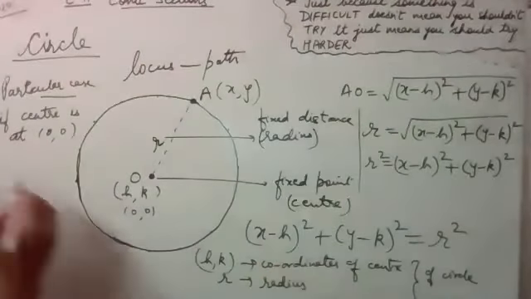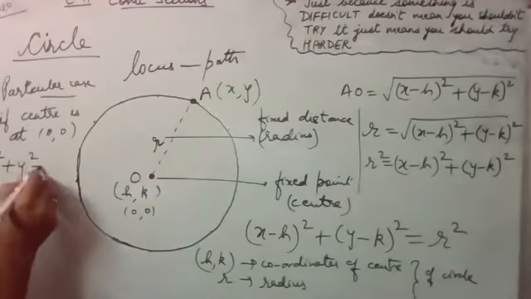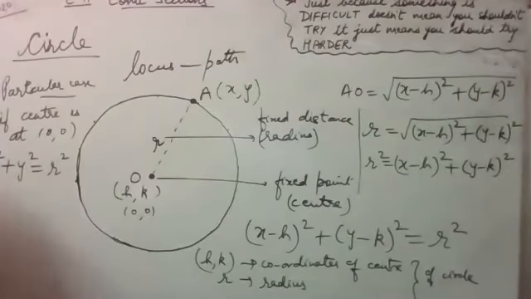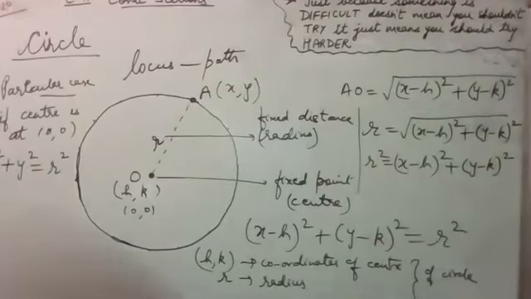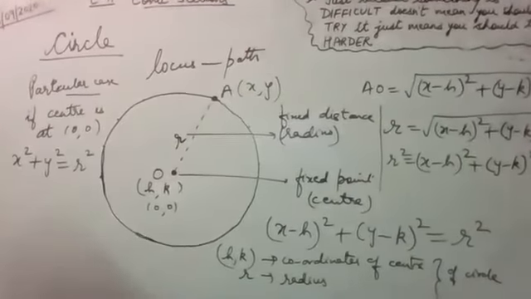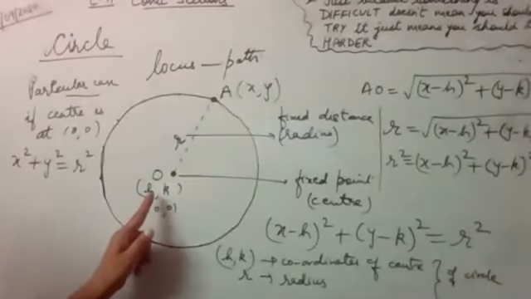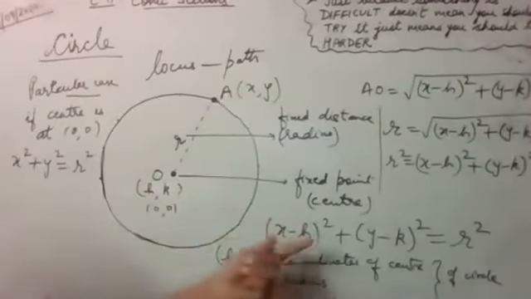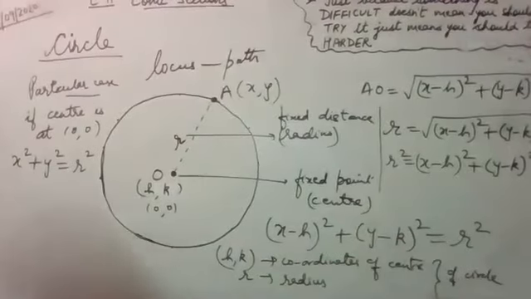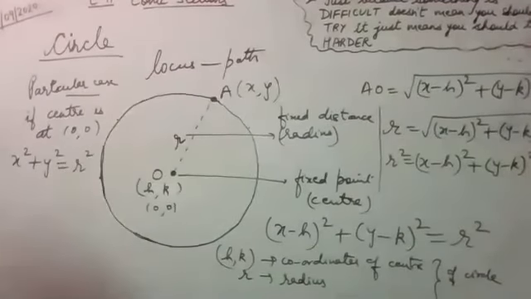Putting that here, we get the equation as x square plus y square equal to r square. This is the particular case when the center lies at the origin.